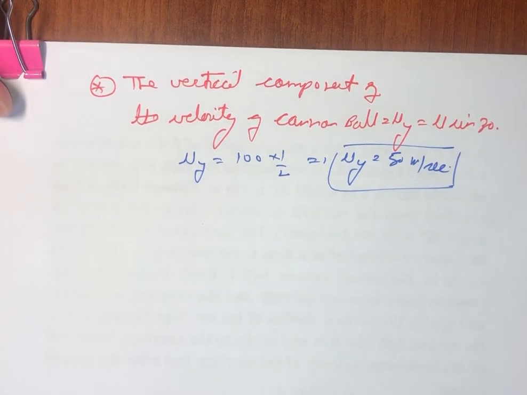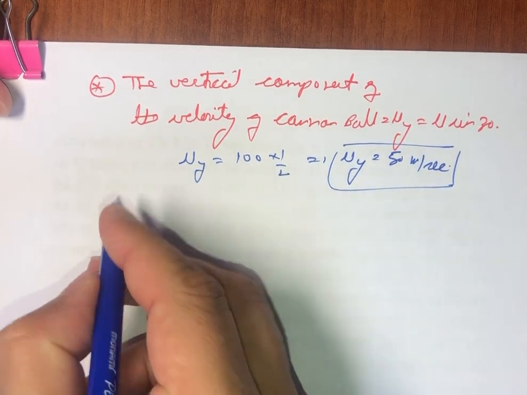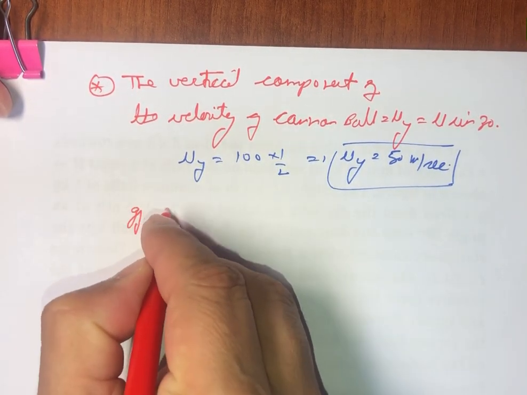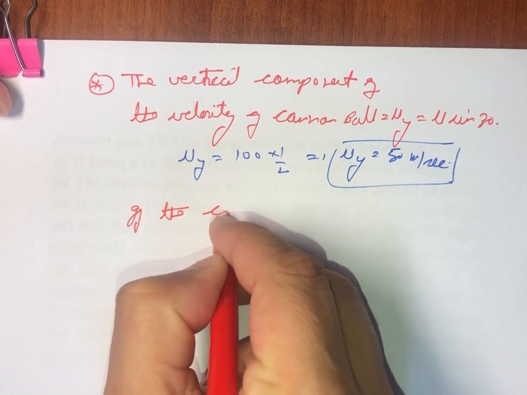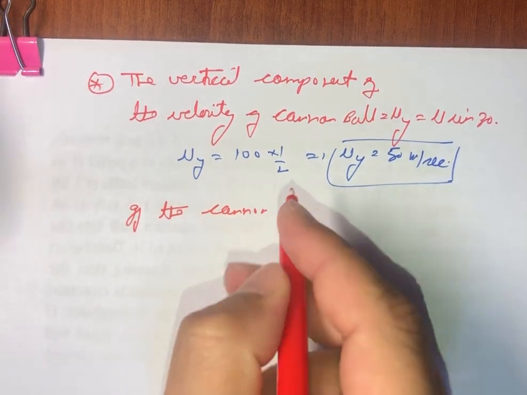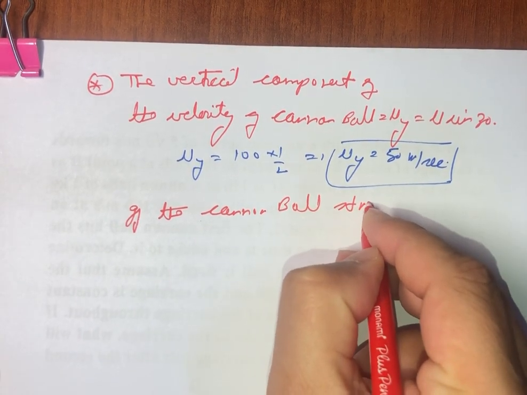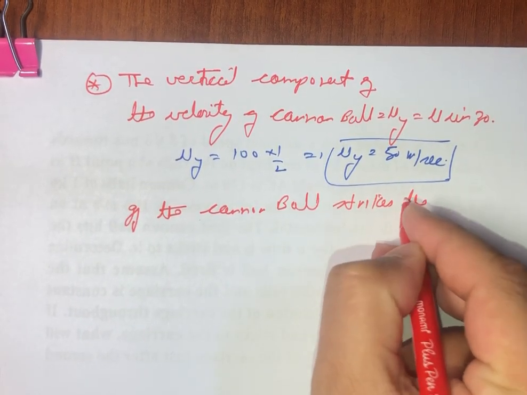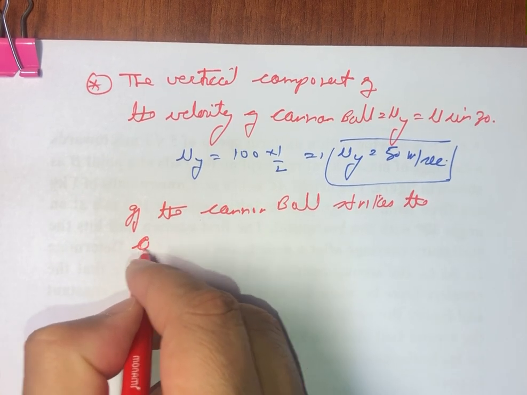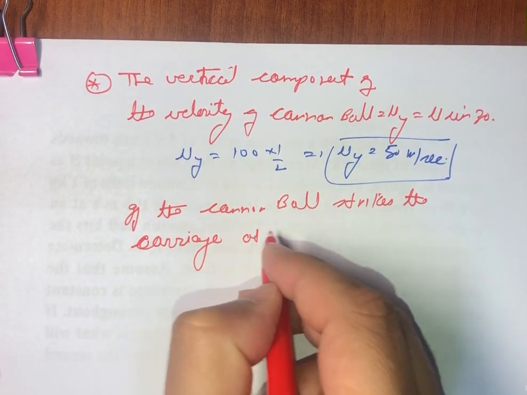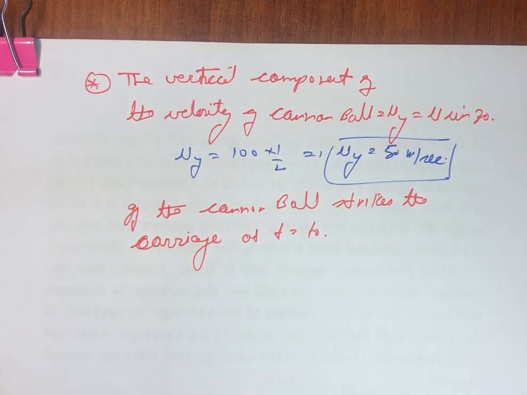You can see if the cannonball strikes the carriage at t equal to t naught.